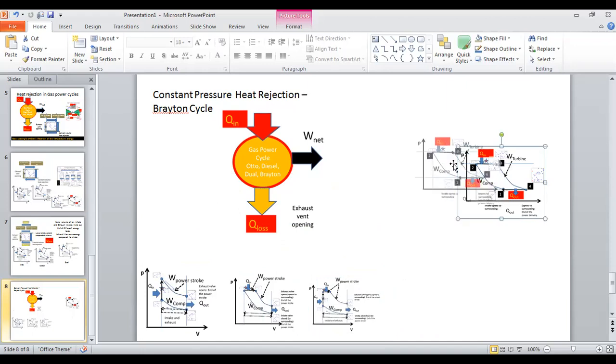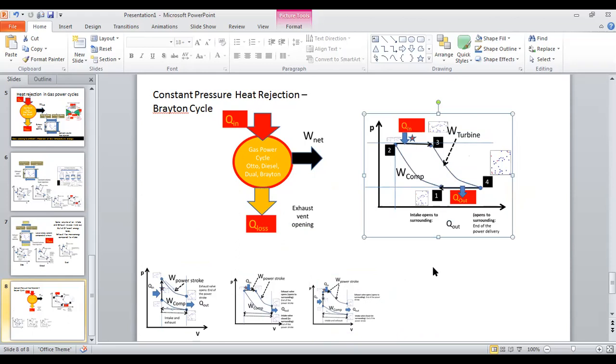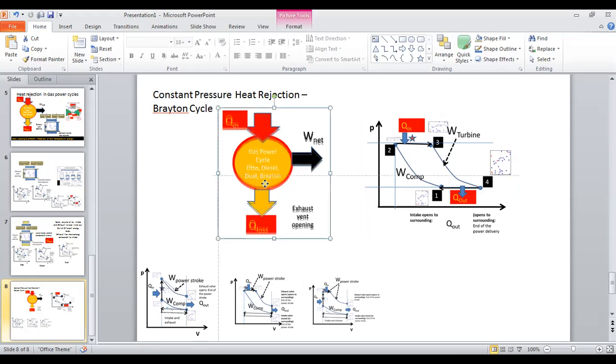So once the pressure dominates here, you can see from 4 to 1 heat rejection. This takes place at ambient. So there are no valves, so those are something like open flow systems. That's why you have constant pressure heat rejections.